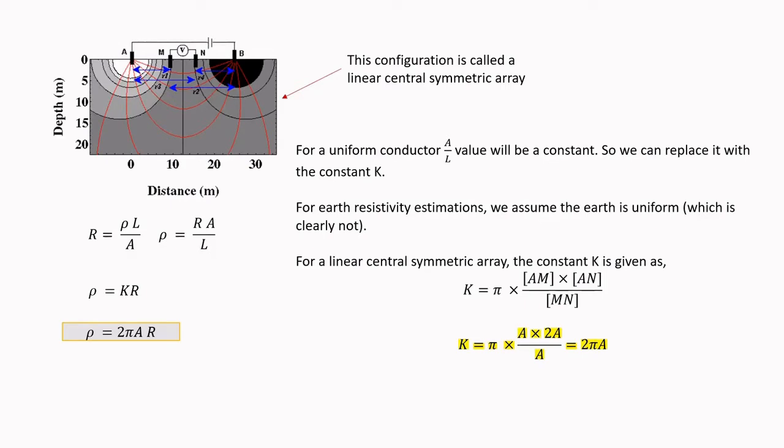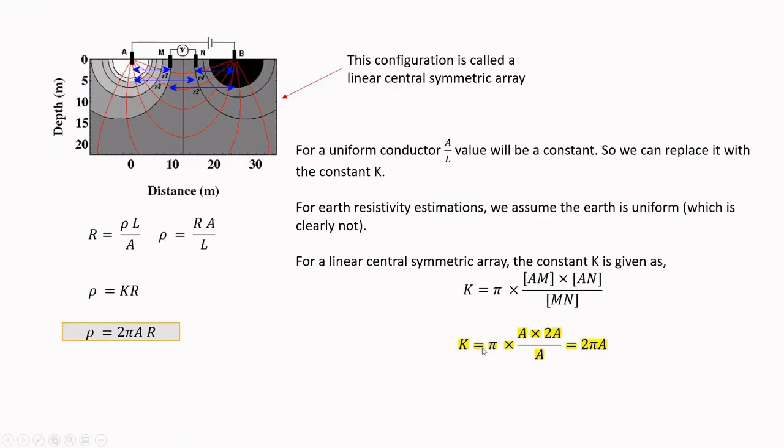For earth resistivity estimations, we have to assume that earth is uniform, which is clearly not. But to do the calculations, we are taking the earth as a uniform body. In geology, for a linear symmetric array, the constant K is defined as this. You can define K as pi into the AM length into the AN length, divided by the MN length.